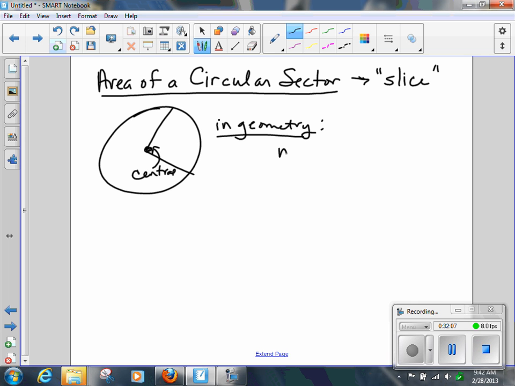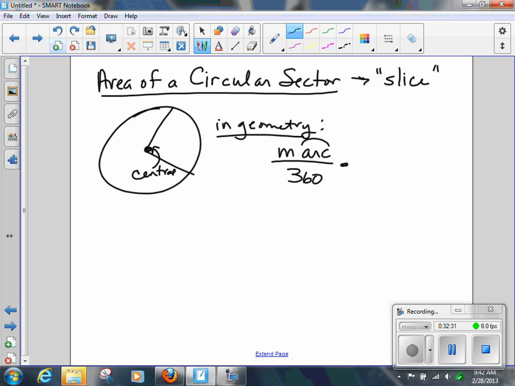In geometry, this is the formula we use. Measure of an arc divided by 360 times, what was the second half of this formula? Does anybody remember? Area of a sector. Pi what? Pi r what? Pi r squared.